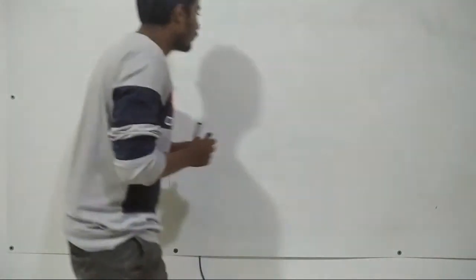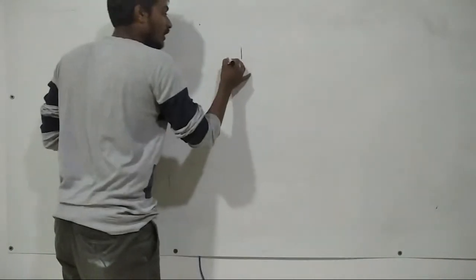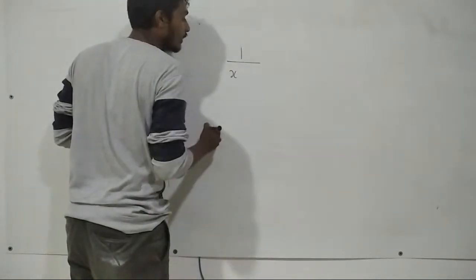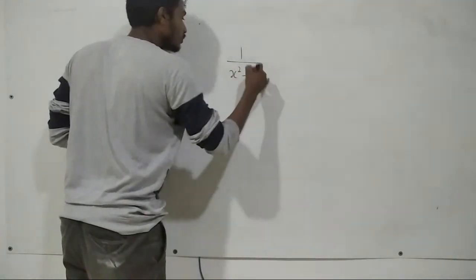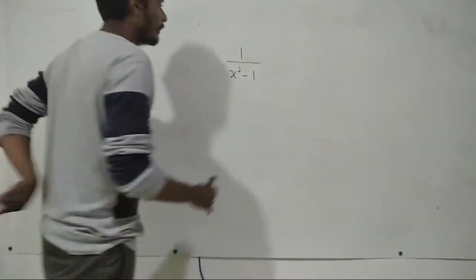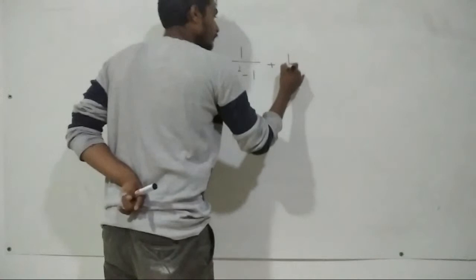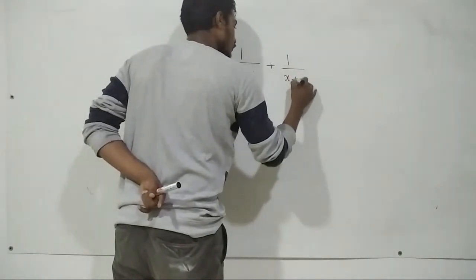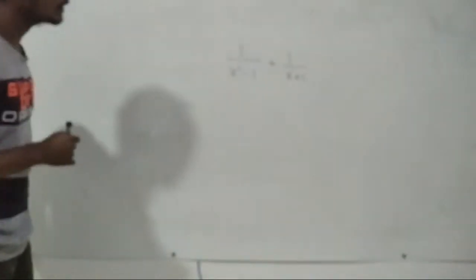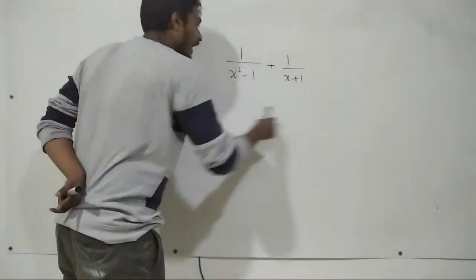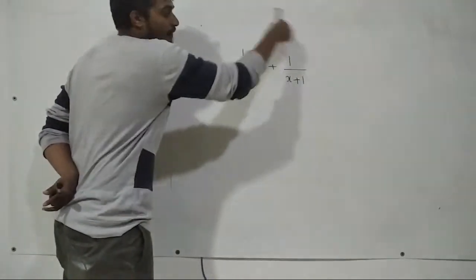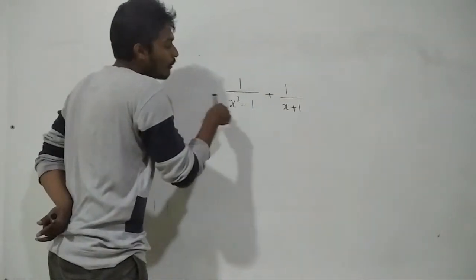Guys, first of all, what if you have something like 1 over x squared minus 1 plus 1 over x plus 1? When you have an algebraic fraction like this, how are you going to add them?